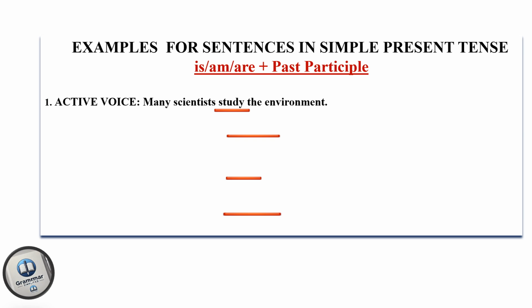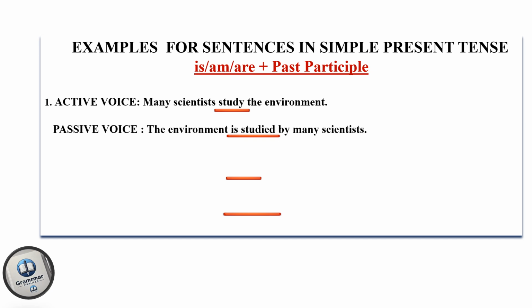Now the main important thing is study. Study is in which tense? It is in present tense. So the past participle form of study is studied. If you switch, the environment will become singular, so you are going to use the helping verb is. The environment is studied by many scientists.